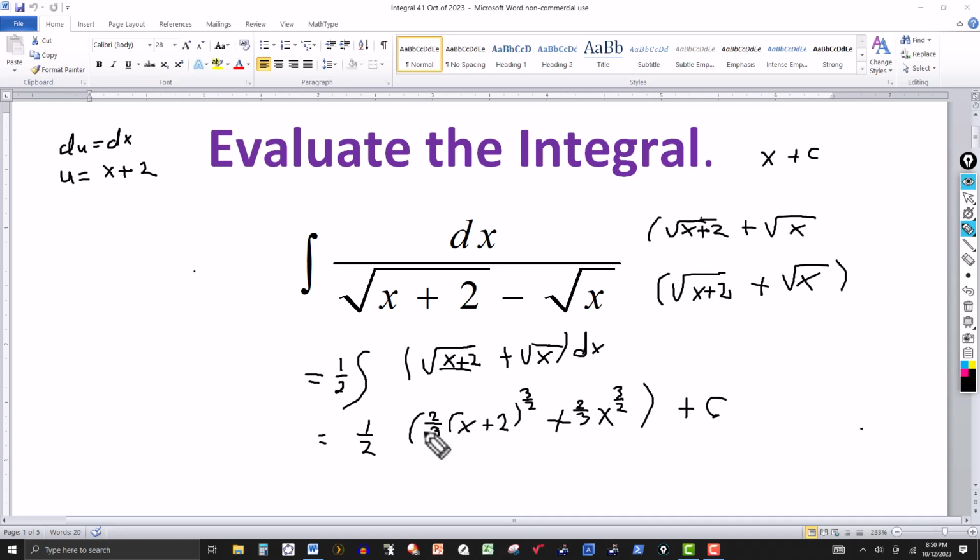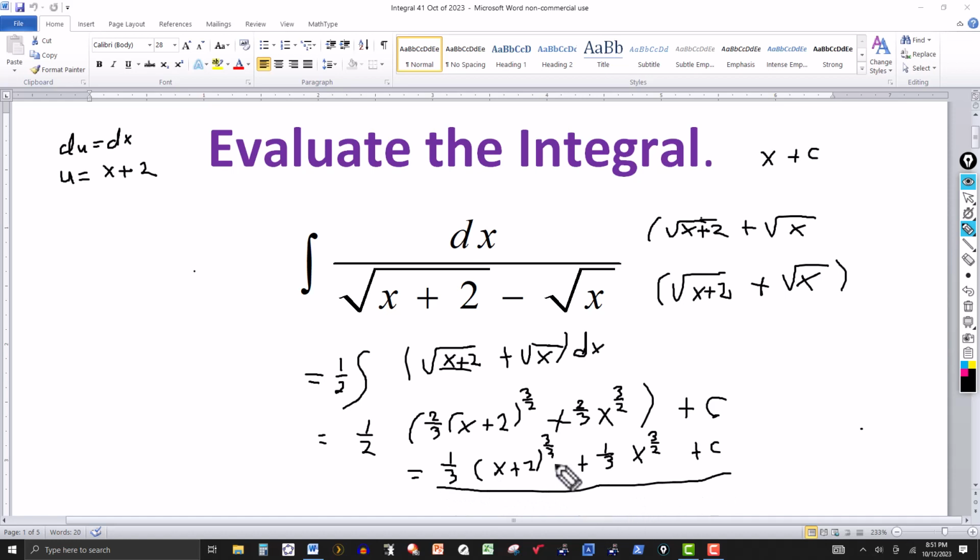And then if we multiply through by the 1/2 here, the 1/2 and this 2 cancel, so I get a 1/3 times x plus 2 to the 3/2. In the same way, the 1/2 multiplies the 2/3, the 2 cancels, gives me a 1/3 there. And we get x to the 3/2 power plus the constant of integration. So this would be your answer.